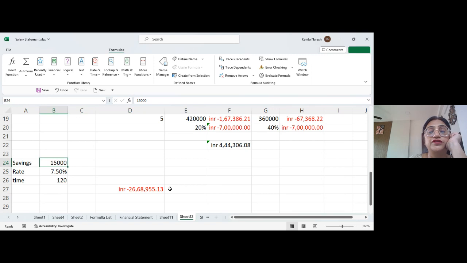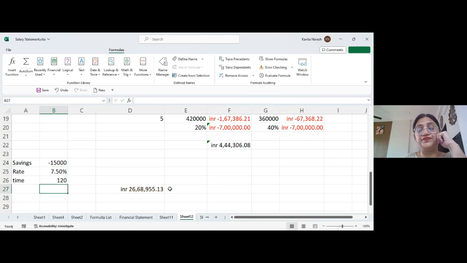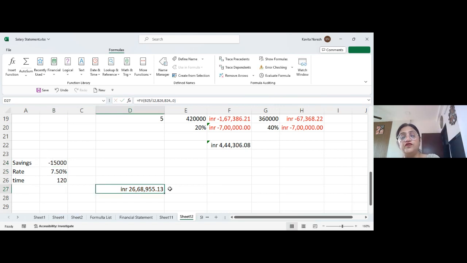Because by default, it is assuming that you are receiving the amount, you are not paying the amount. If you put the negative sign here, then after 10 years, you will get 26,68,955.